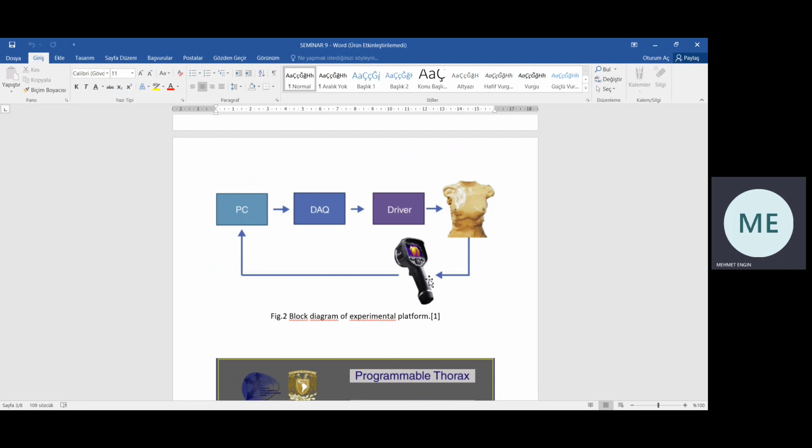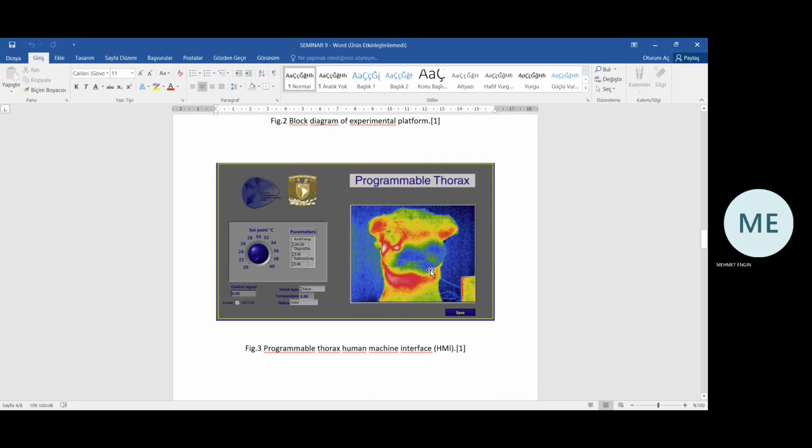The actuator sent information to a computer LabVIEW-based virtual instrument given in figure 3. This virtual instrument generates a control signal and sends it to the driver through the data acquisition device. Then, the driver energizes the electrical actuator to set the local surface temperature on the thorax.